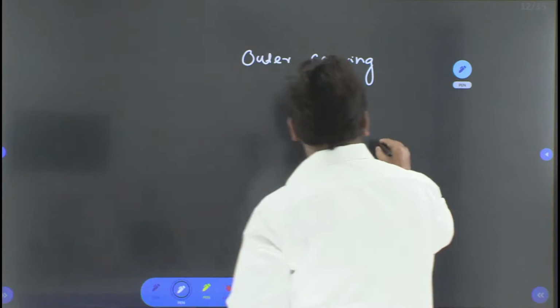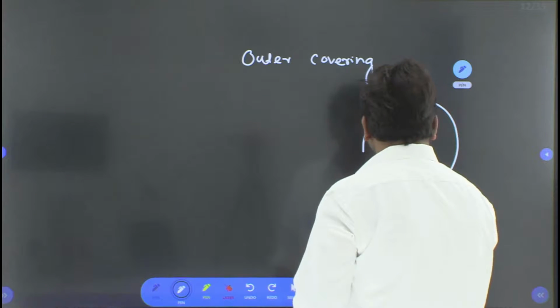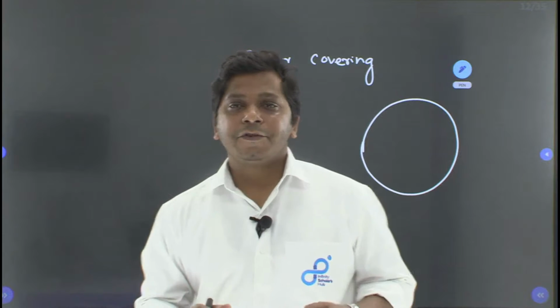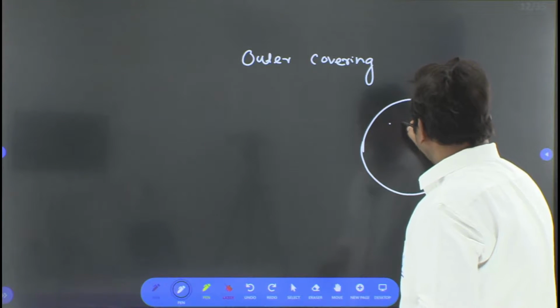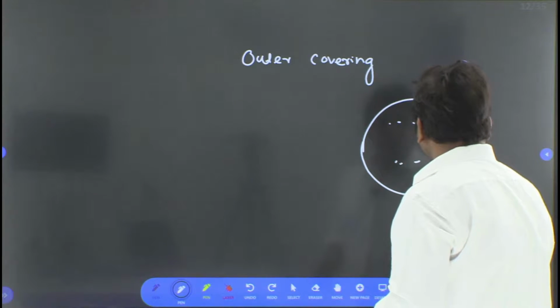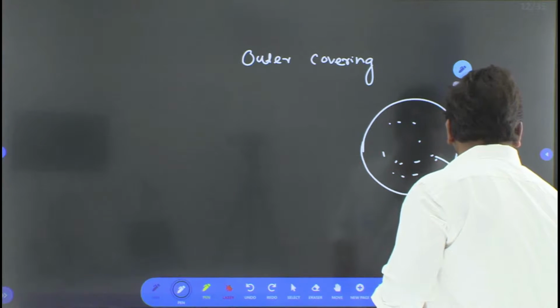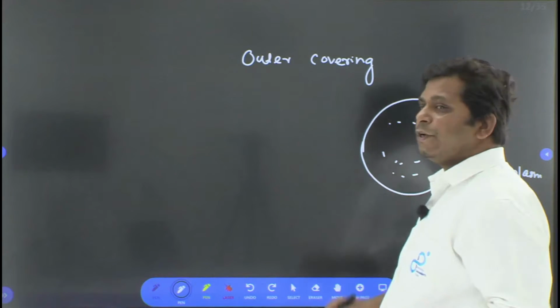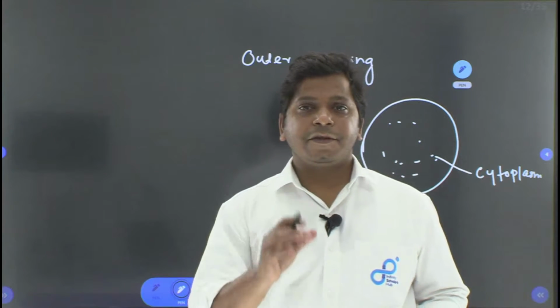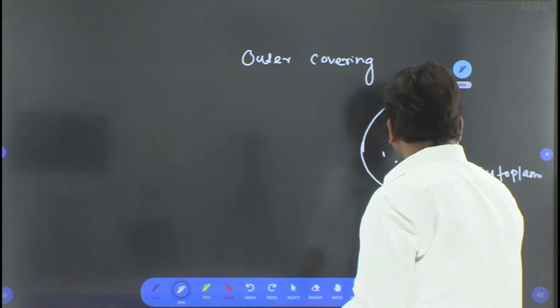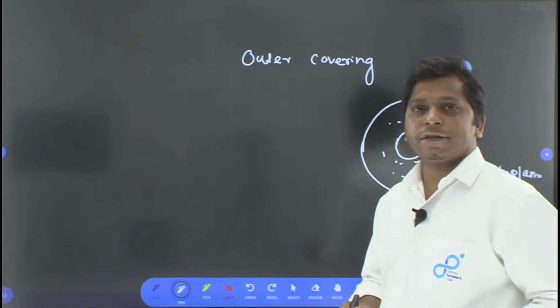For example, if this is a cell, then the content which is present inside the cell is called the cytoplasm. This is the fluid-like matrix which is present inside the cell. In addition to that, we will have a nucleus which is also present in the cell.